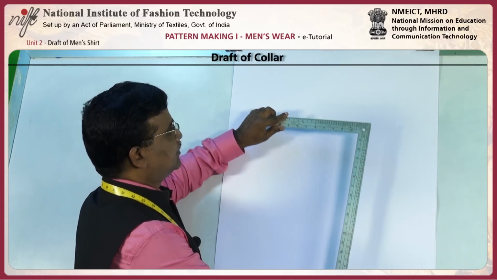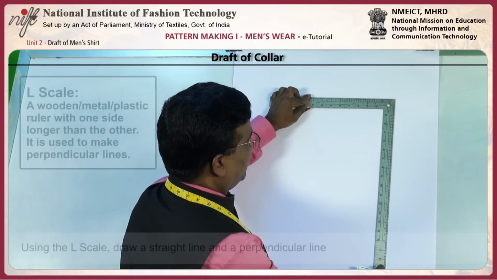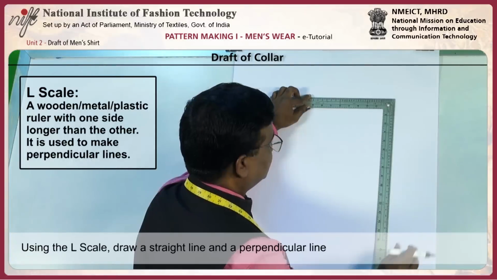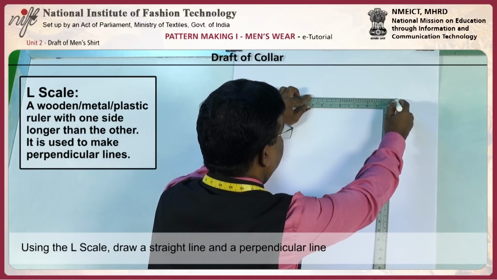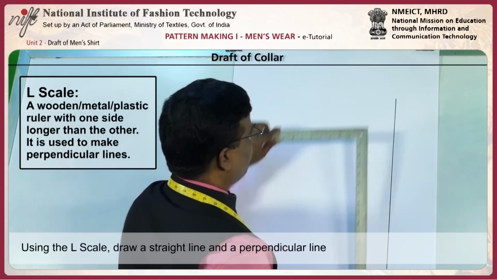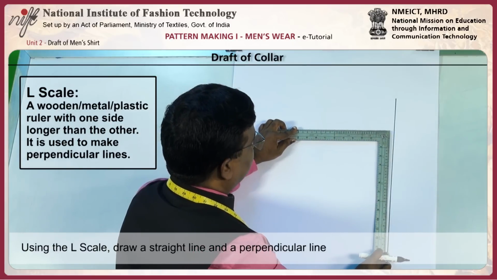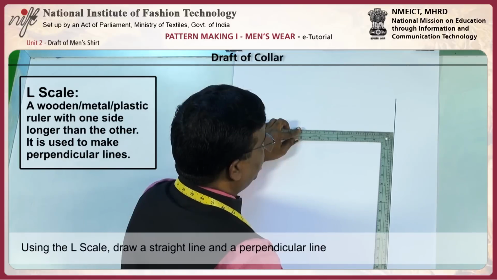Drafting collar, collar band and cuff. Draw a straight line. Then a perpendicular line.